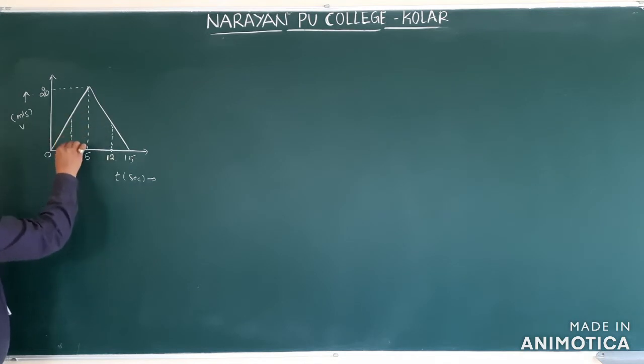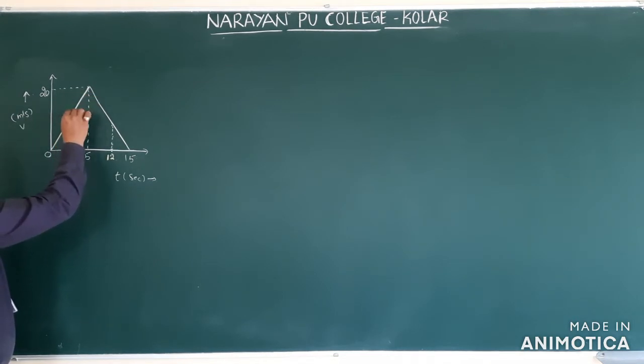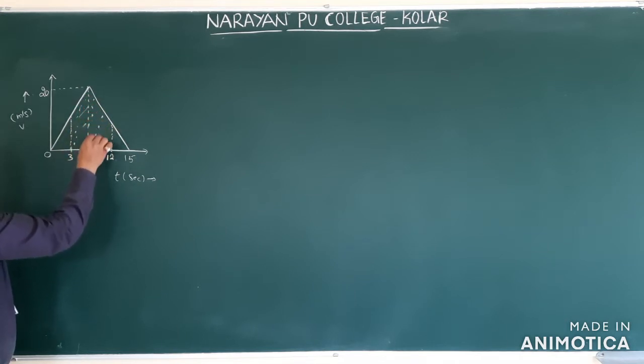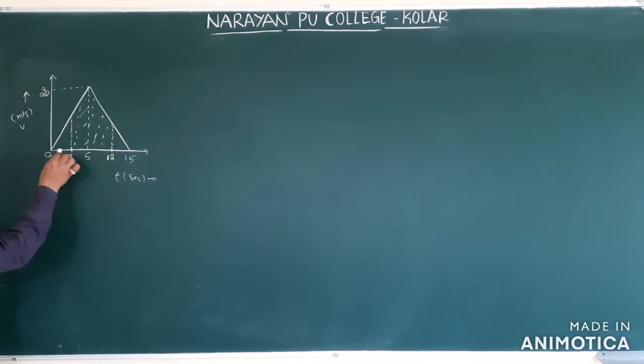First we have to find this area, next we have to find this area. I am drawing this as two graphs. One is 0 to 5 like this.